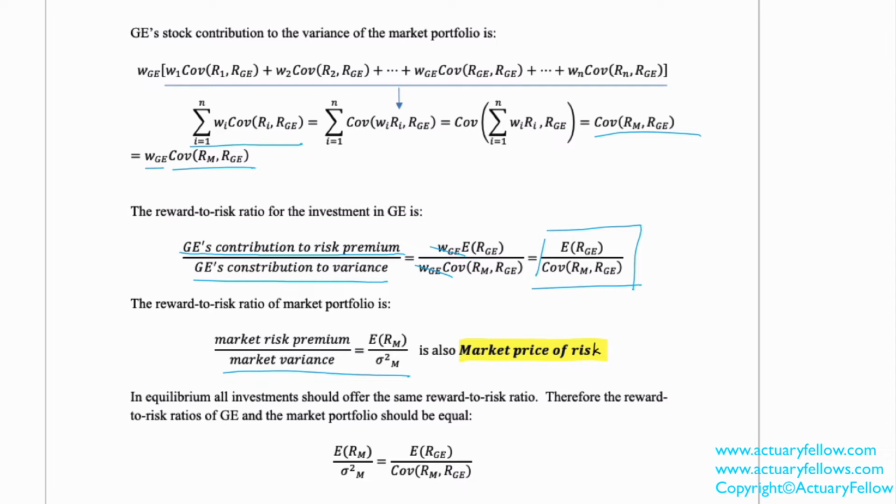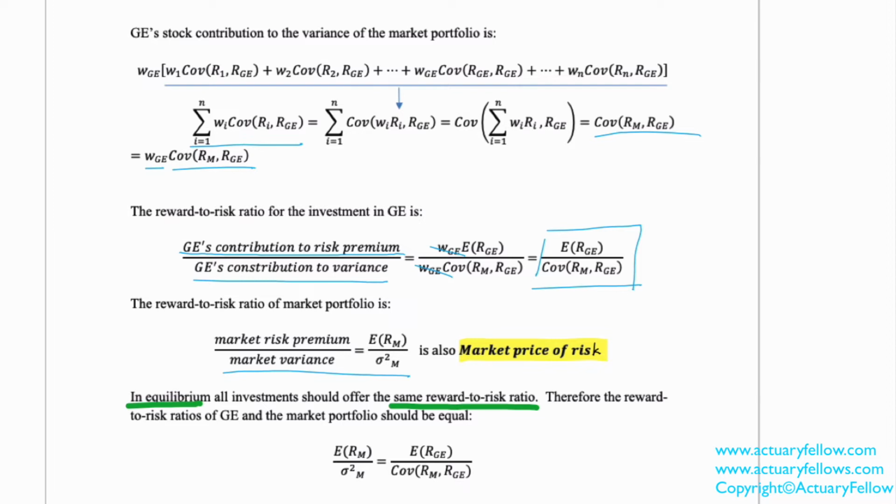This is similar to the Sharpe ratio, except here the denominator is variance rather than standard deviation. The market price of risk represents the incremental return demanded by investors for holding portfolio risk. In equilibrium, all investments should offer the same reward to risk ratio.